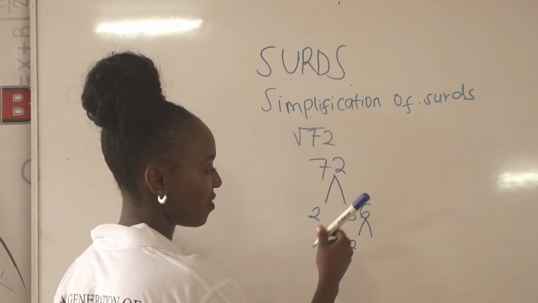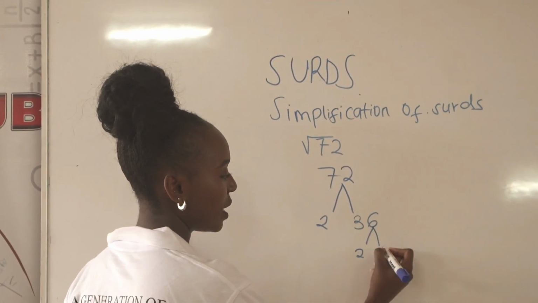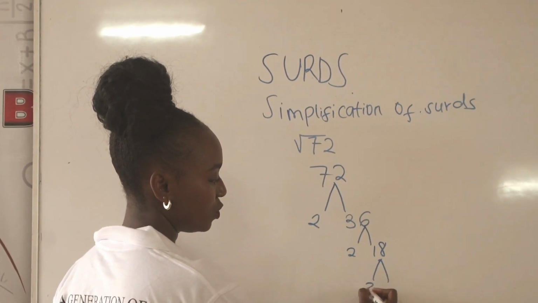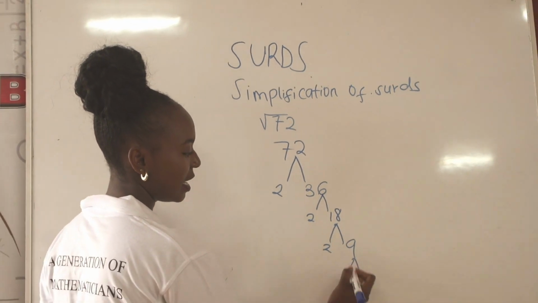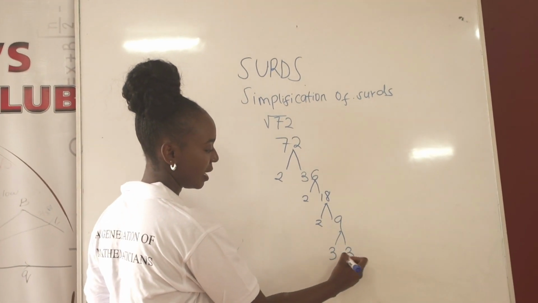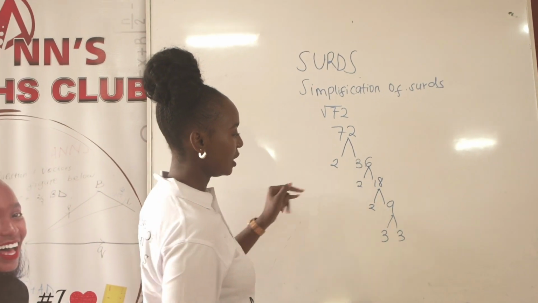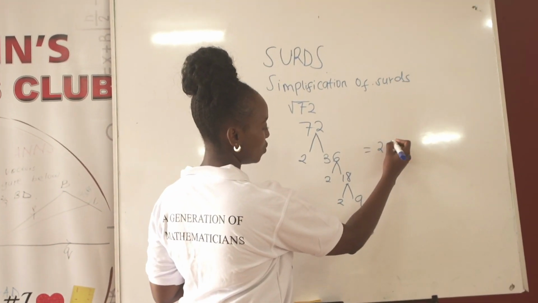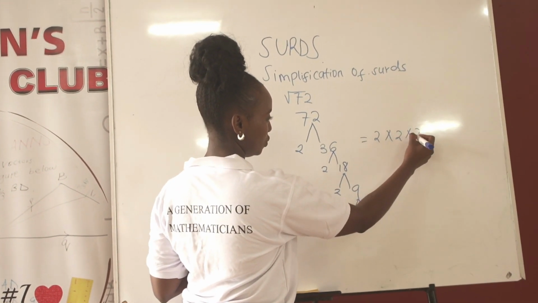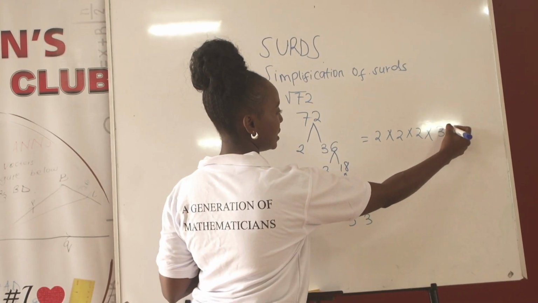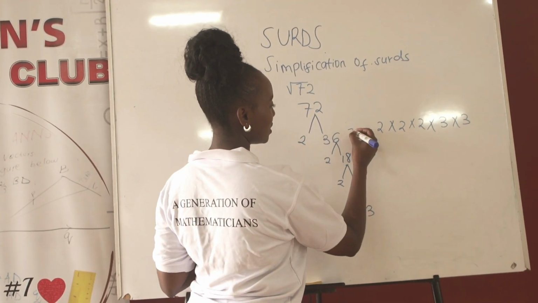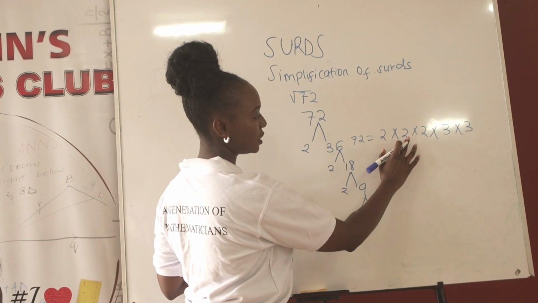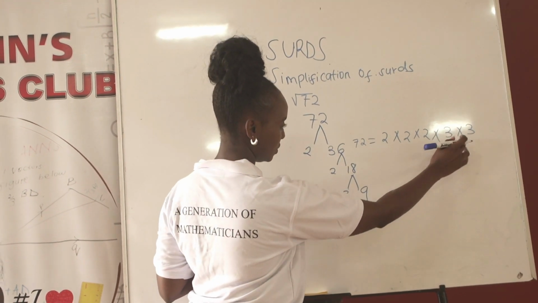Again, 2 is also a factor of that, so 2 will go into 36 to give 18. By 2 we get 9. Then 9 is 3 by 3. So basically, you have 2 times 2 times 2 times 3 times 3. So 72, we can write as 2 times 2 times 2 times 3 times 3.